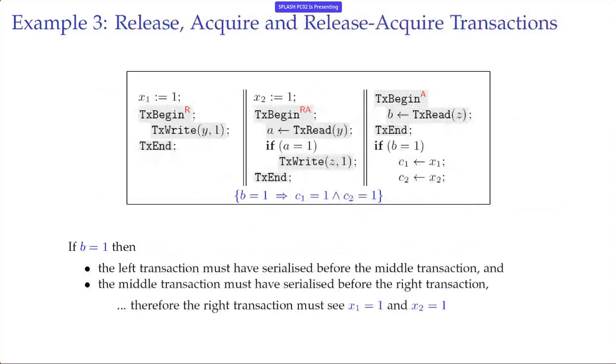And you can also chain together transactions. So this is a release-acquire transaction now. The way this is structured, it's a bit tricky to read because it's concurrency, but if this test succeeds, then we must have that transaction executed first, that transaction executed second, and that's the third transaction executed. This transaction has to have read from that one, and this one has to have read from that one.